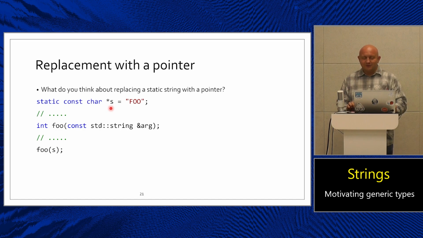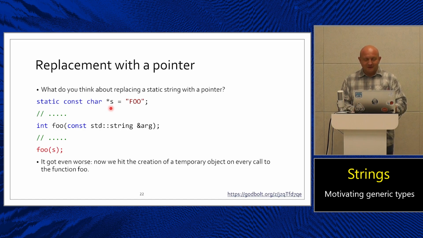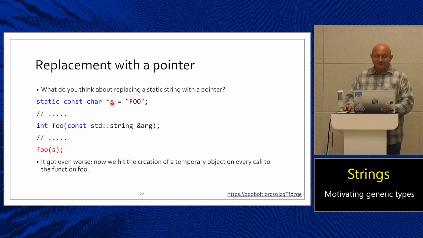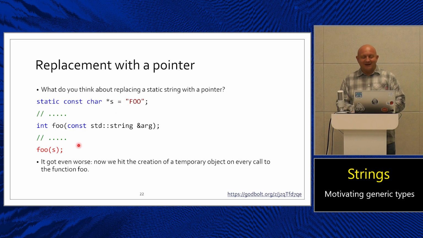Pause the video for a moment, and of course, it became worse. Because now, all this machinery, do you think we removed it? No. We moved it to the call side. Now foo with argument s must do all this every time. Let me show you.